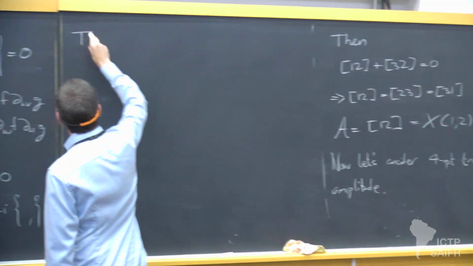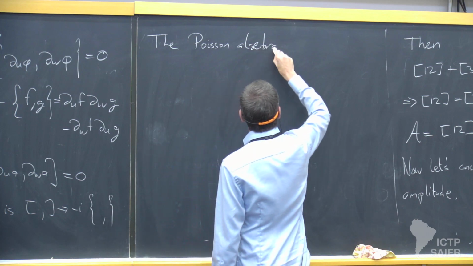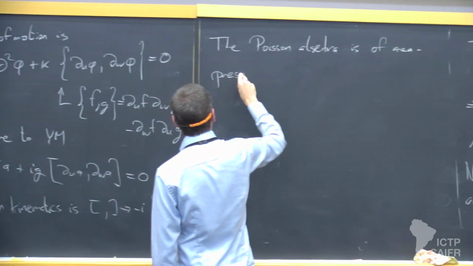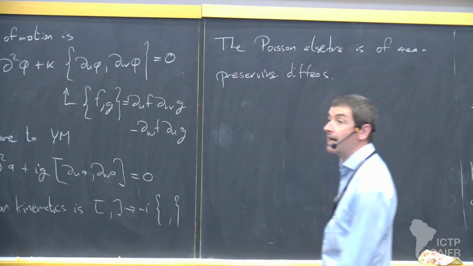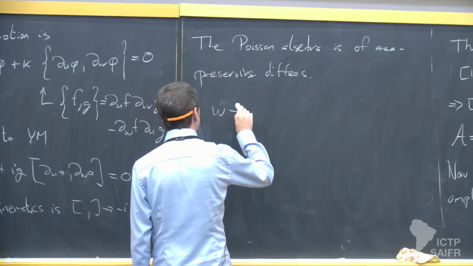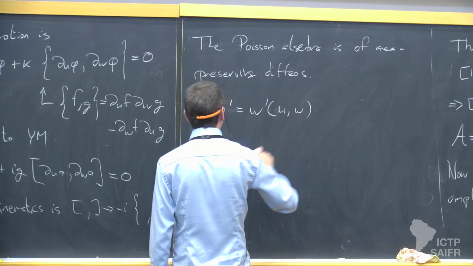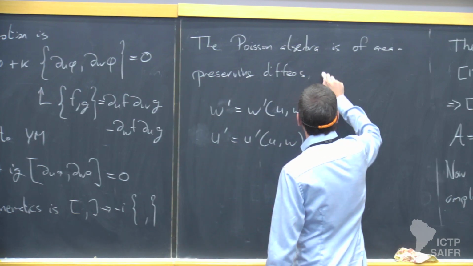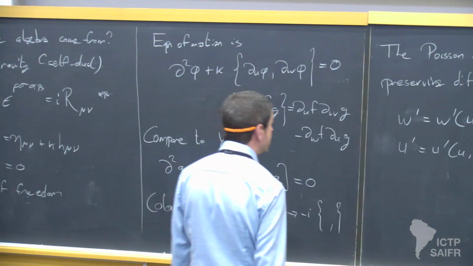So maybe it's not surprising that the algebra is somehow related to diffeomorphisms. Now to see that, you define w prime as a function of u and w, and u prime as a function of u and w. So it's an area-preserving diffeomorphism algebra in these two dimensions.